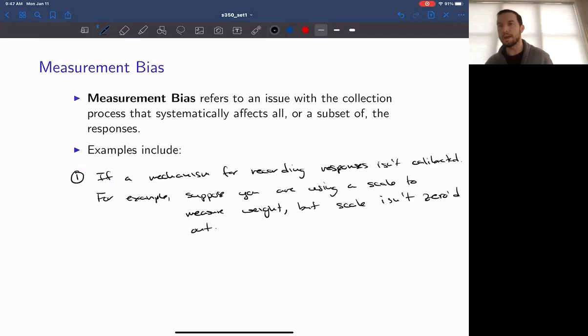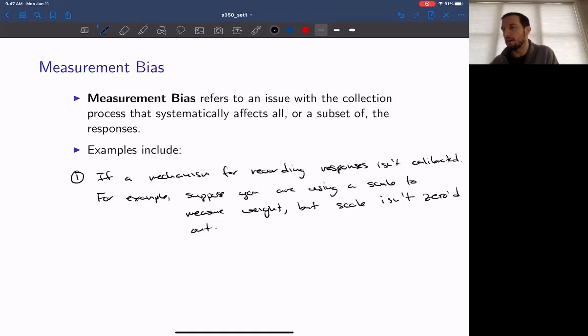If you've ever weighed anything before, you can reset the scale before you weigh it. There's a button on the scale that zeroes it, so it sets it to system zero, if you will, so that when you stand on it, you're going to get a more accurate representation of your weight. Or if you place a food item on it, you're going to get a more accurate representation of how much food you're eating. If you don't zero it out, this is going to bias it in one direction or another.